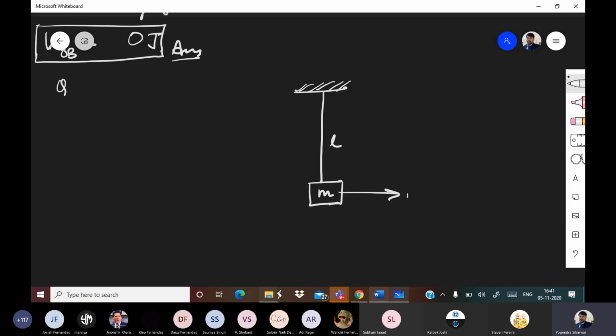A force acts, and the constant force is F. Due to that force, the block goes like this. In the previous one, the question is given as OAB. We have solved only OB.